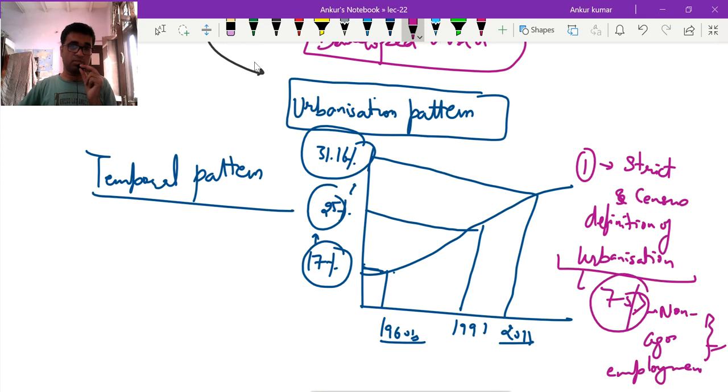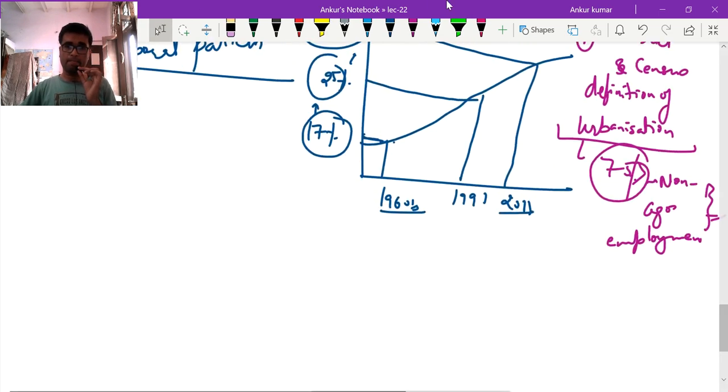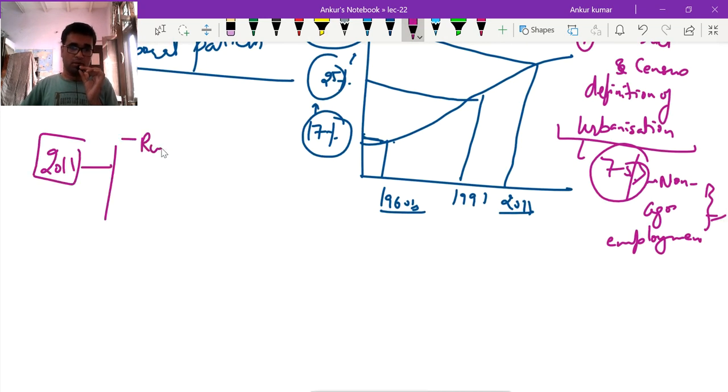The next part is that, in the temporal pattern, we cannot say that the pattern in India is uniform, right? For example, in the 2011 census, rural areas added 90 million people.